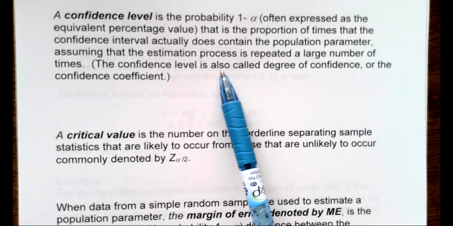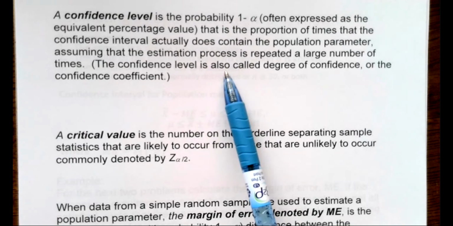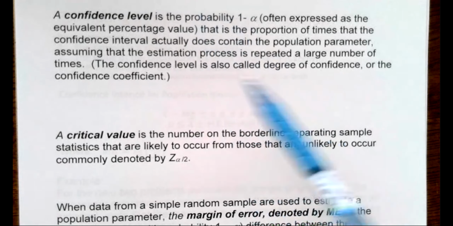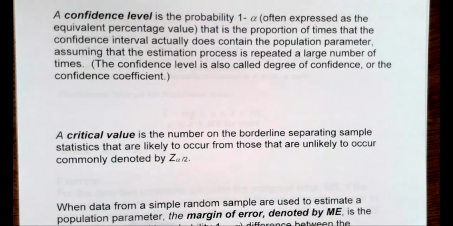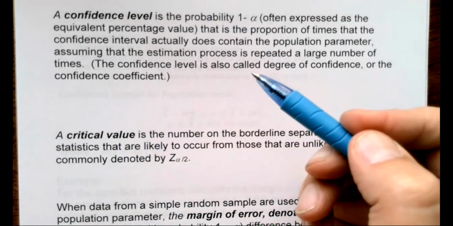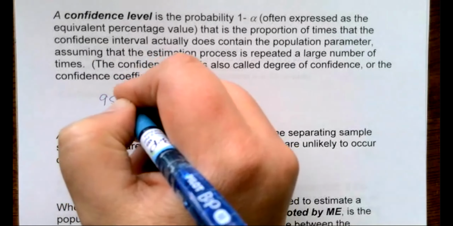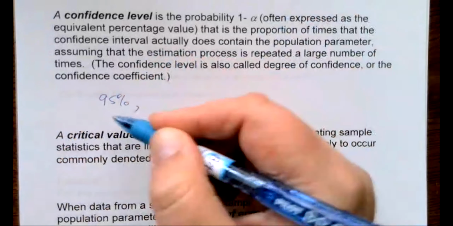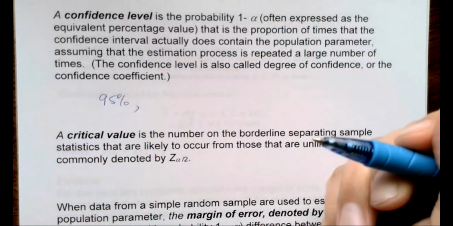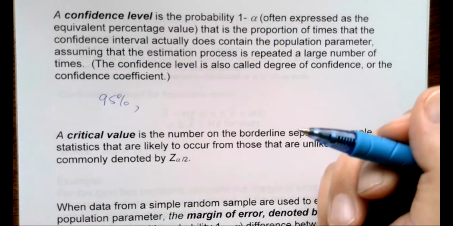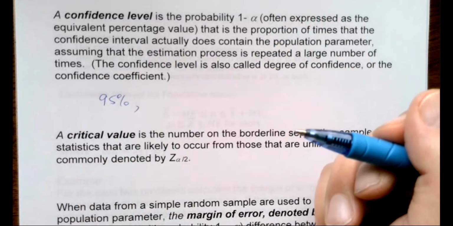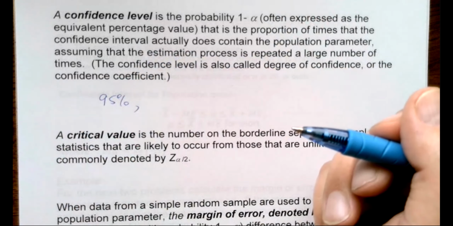The confidence level is also called degree of confidence or the confidence coefficient. These are alternative names. The most common confidence level is 95%. Basically, that confidence level tells you how confident we are in our estimation.